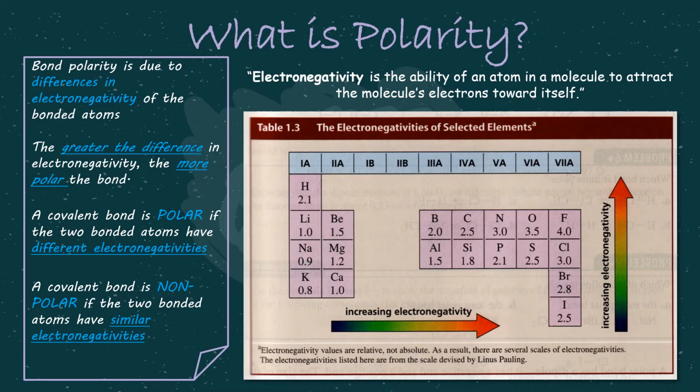So as you can see from the periodic table, the most electronegative atom in the periodic table is the fluorine atom with the Pauling scale of 4.0. So electronegativity is the ability of an atom in a molecule to attract the molecule's electrons towards itself.